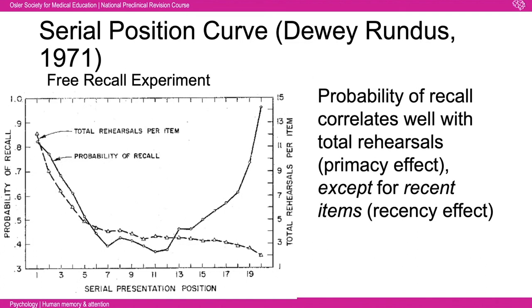The probability of recall starts to increase again, despite the fact that you're not able to rehearse that item. So it shows that the primacy effect is based on rehearsals, and the recency effect is based more on something being fresh in the memory, so it's independent of rehearsal.